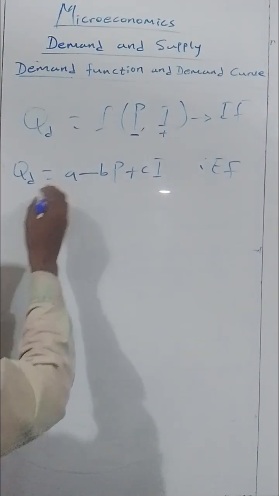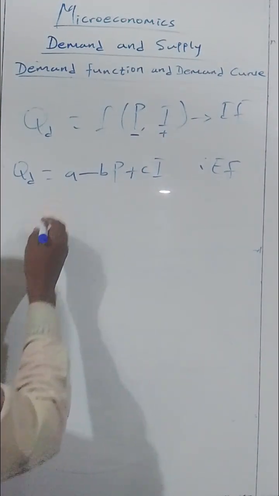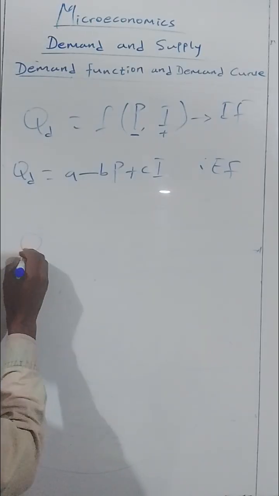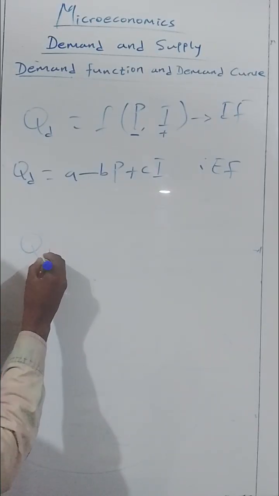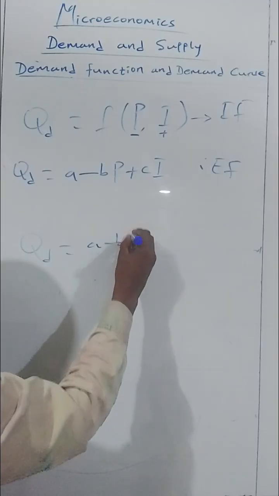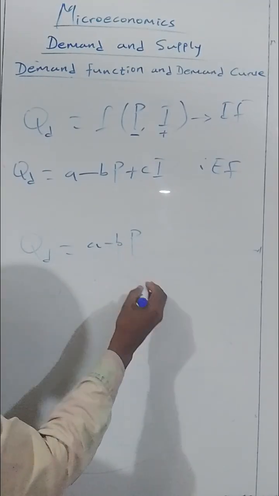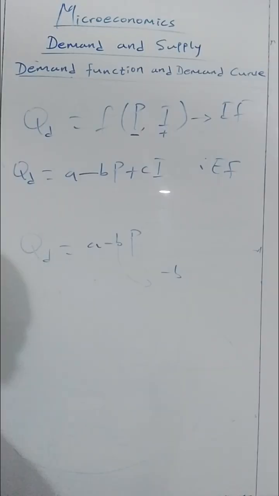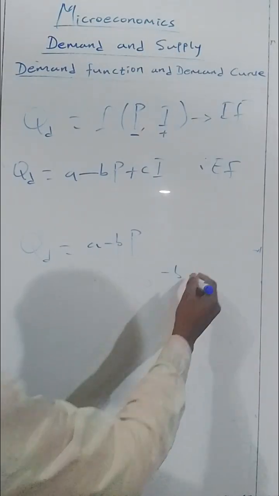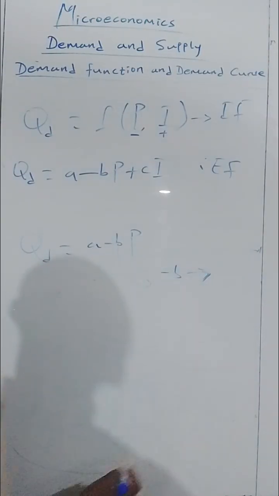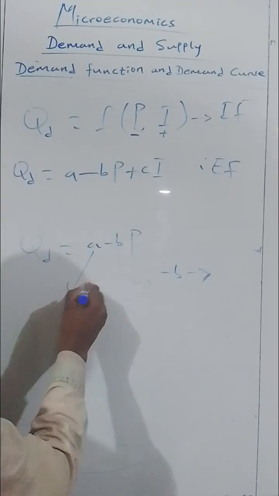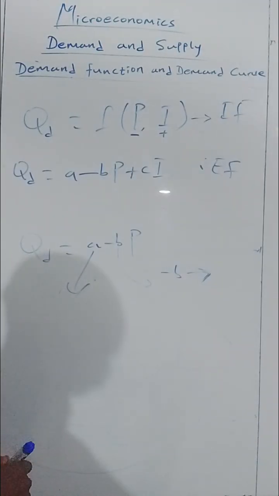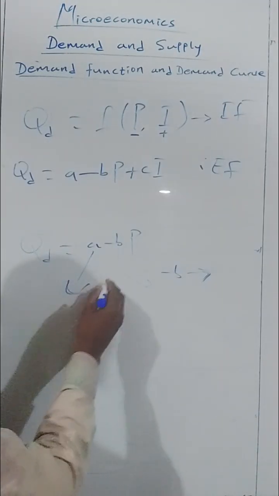Okay. Therefore, from this equation, just like before, when we had only the price as determinant, QD equals A minus BP. Here we say this minus B represents the inverse of the slope of the demand curve, and this A represents the intercept of the demand curve.